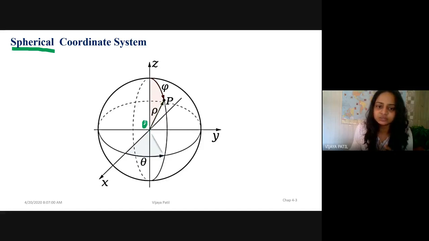This is the origin here, and this P is a point on the sphere. This OP is a vector joining these two points, and let us say that this is rho as the vector. It's known as the position vector of this point P on the sphere.